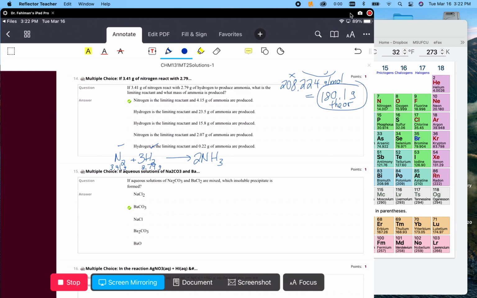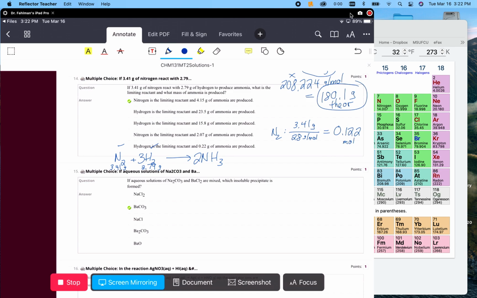So let's figure out which is limiting. So nitrogen, the molar mass is 14. So for nitrogen, you have 3.41 grams divided by 28, because you have 2 nitrogen atoms.